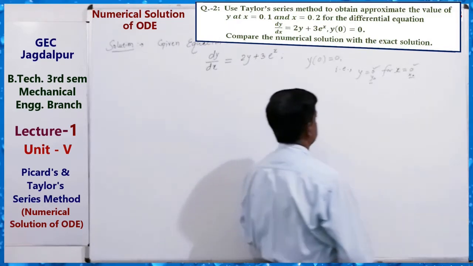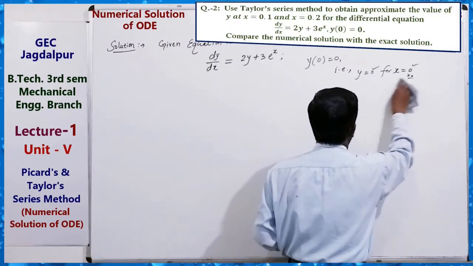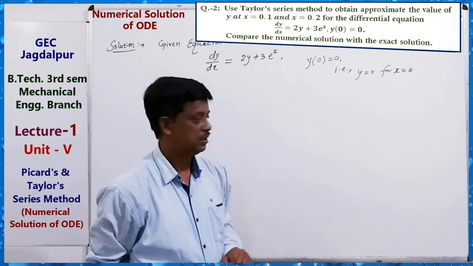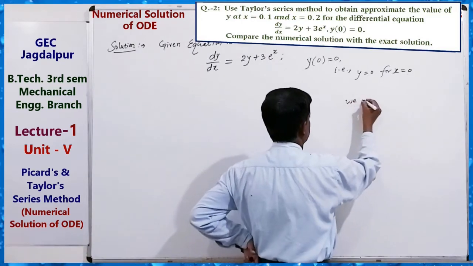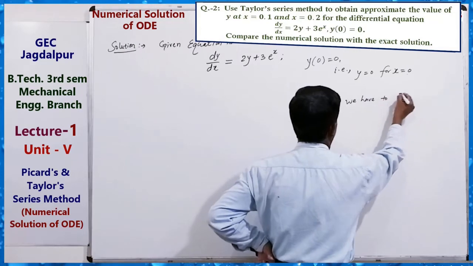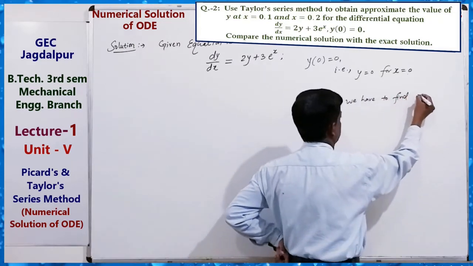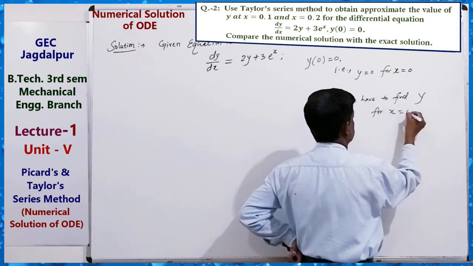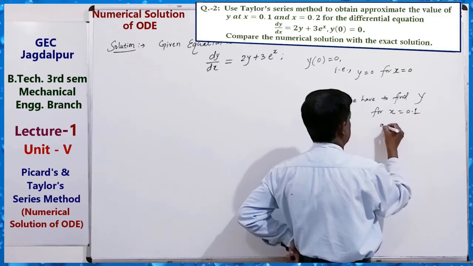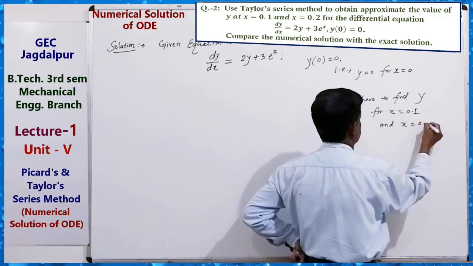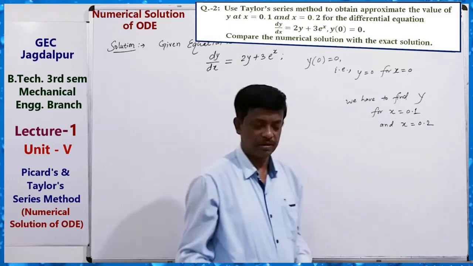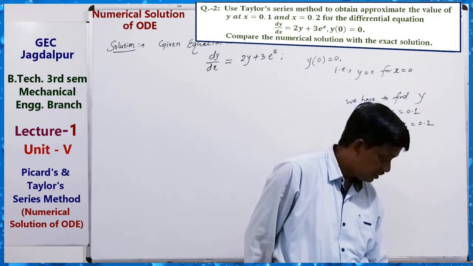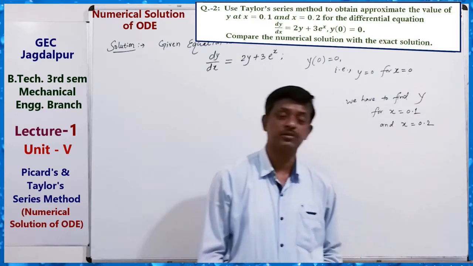So this is our given equation. We have to find the value of y for x equals 0.1 and x equals 0.2, as said in the previous question, and compare the numerical solution with the exact solution also.